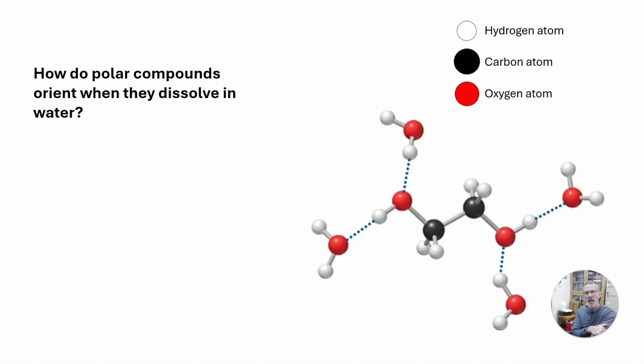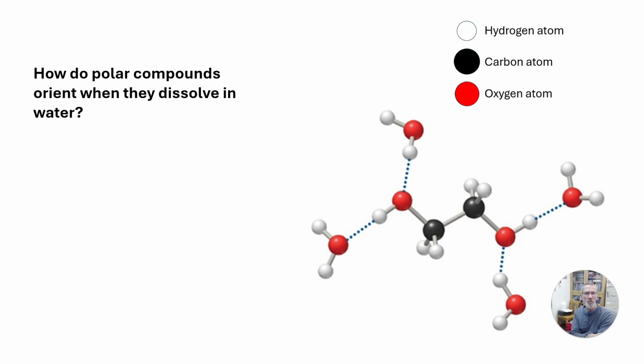The first thing we want to understand is how polar compounds, not ionic compounds yet, orient themselves when they dissolve in water. How does the water, as the solvent, orient itself around the polar compound? What we can see over there on the right is some water molecules with the 2 white hydrogens and the red oxygen.